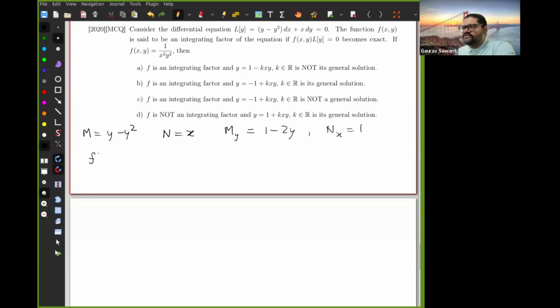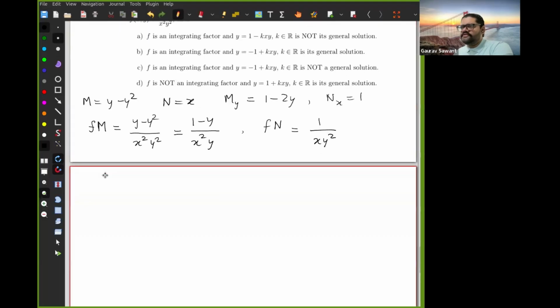So f times m is equal to y minus y square over x square y square, which, taking away one of the y's, is 1 minus y over x square y. And fn is equal to 1 over xy square. Right. So now let us take the cross derivatives and see what happens.